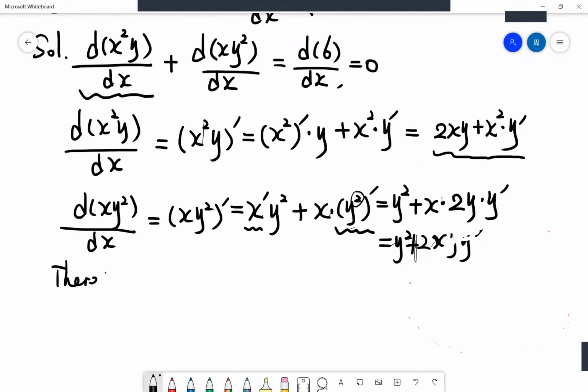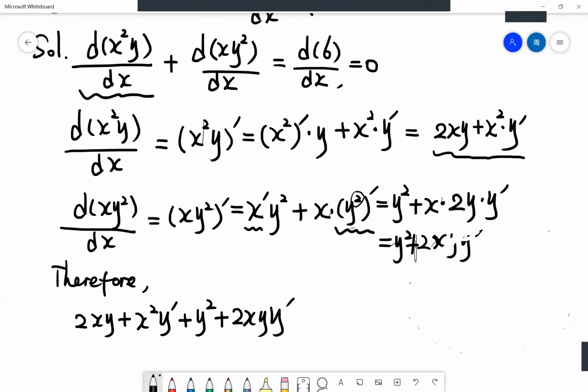Therefore, here, that is 2xy plus x squared y prime plus y squared plus 2xy y prime equals 0.